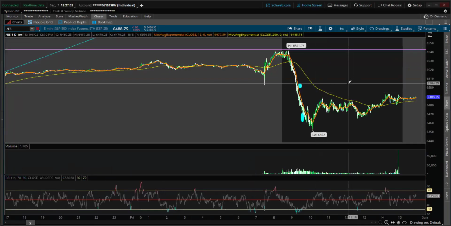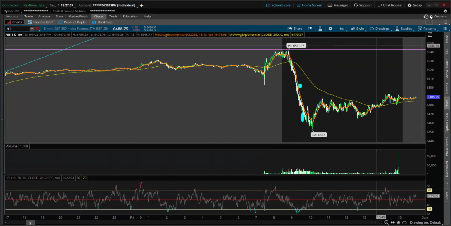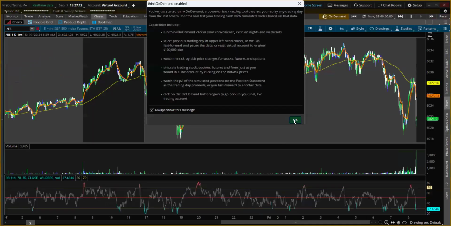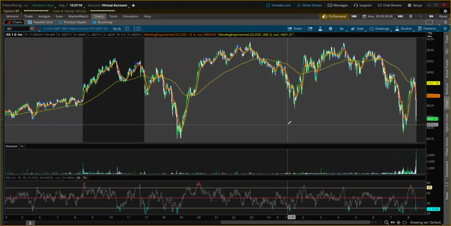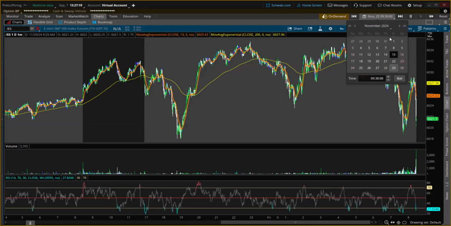And I'm going to put myself on demand so y'all can actually see this market move. I'm going to take the date, which is August, we're in September, and go to the beginning of the week at 9:30 in the morning.